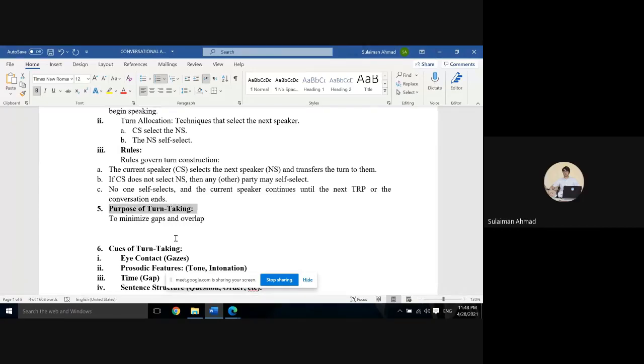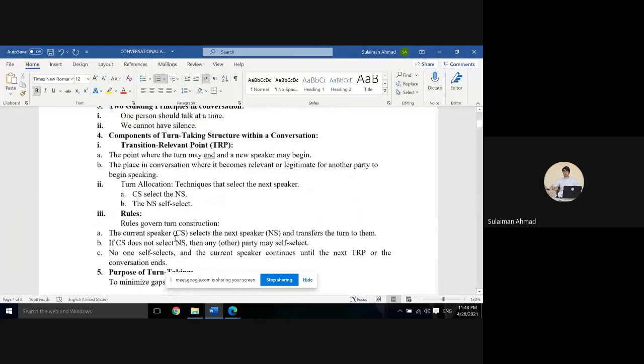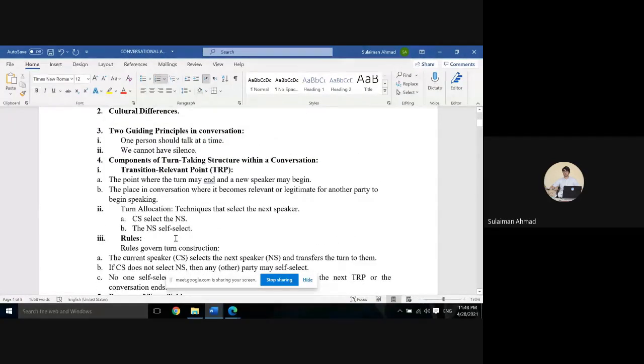Okay, good. Now, what is the purpose of this turn taking and turn allocation? All these techniques are simply to minimize gaps and overlaps. As I told you, there are two guiding principles. Only one person should talk at a time. There should be no overlap or simultaneous speech. Overlap, when two people are talking at the same time, is what we call simultaneous speech or overlapping.